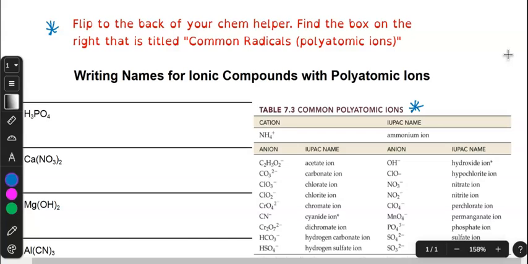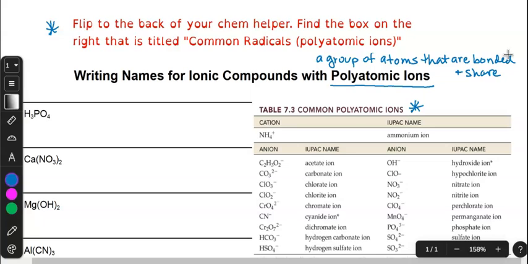But recall that a polyatomic ion is simply a group of atoms that are bonded together and that share a common charge. Some of our polyatomic ions have a positive charge.